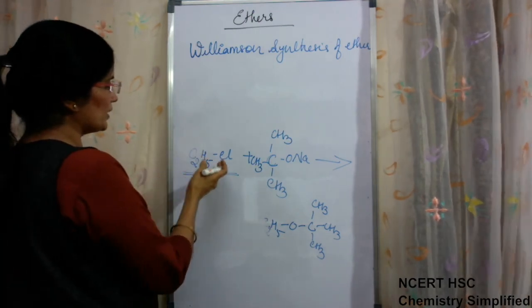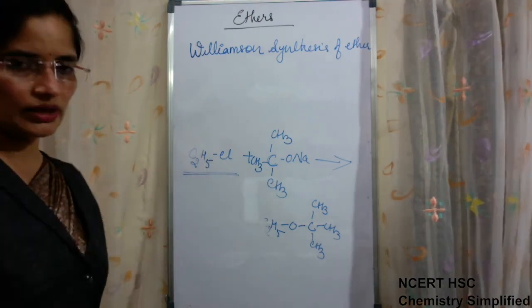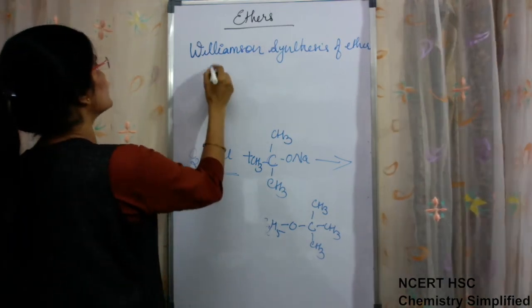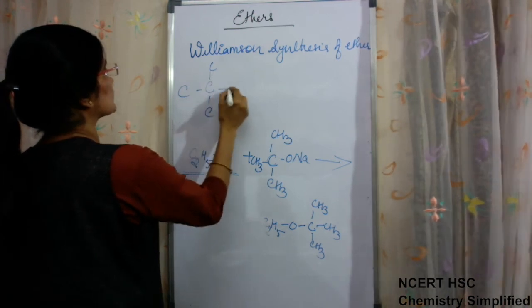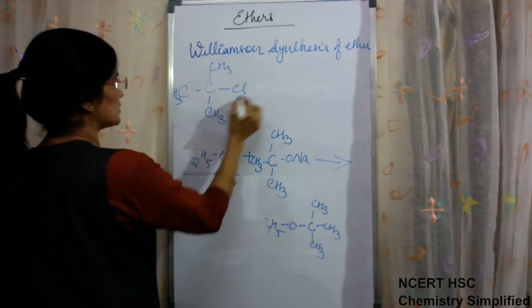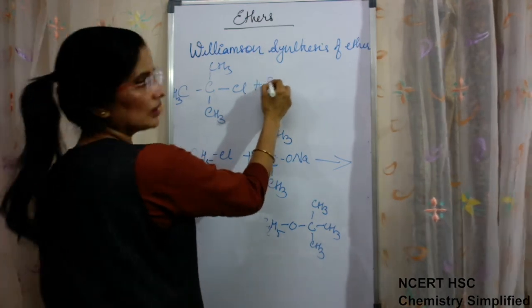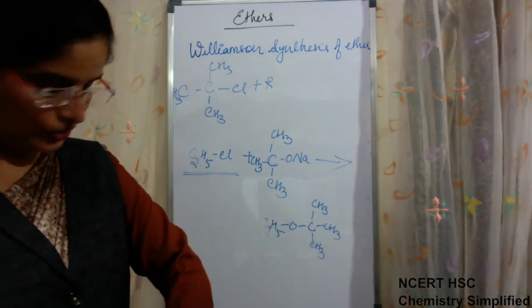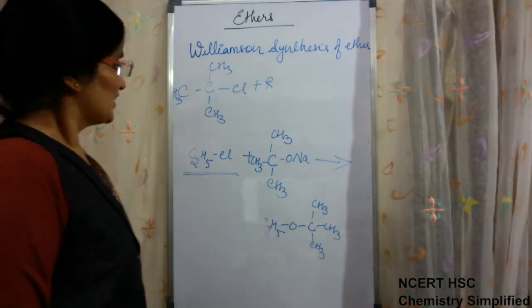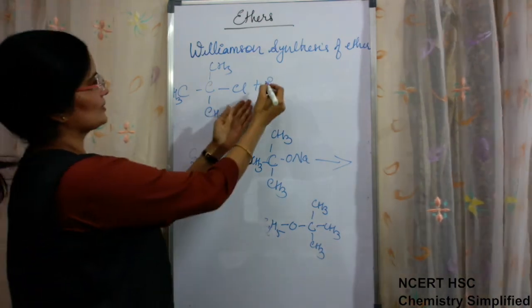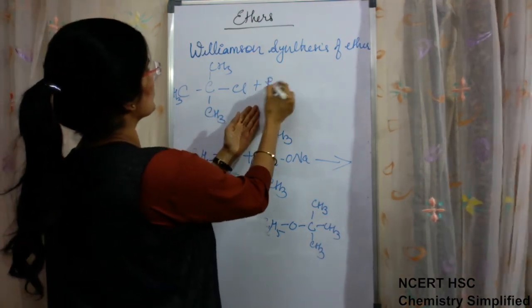In case of 1 degree, if the alkyl halide used is 2 degree or 3 degree, then in that case what happens? Suppose I am using here a 3 degree alkyl halide, CH3, CH3, CH3 and Cl. So let me complete this, just 1 minute it will take. Okay.